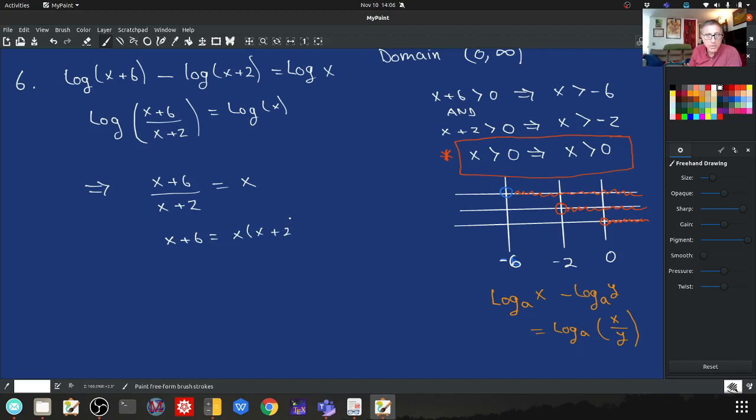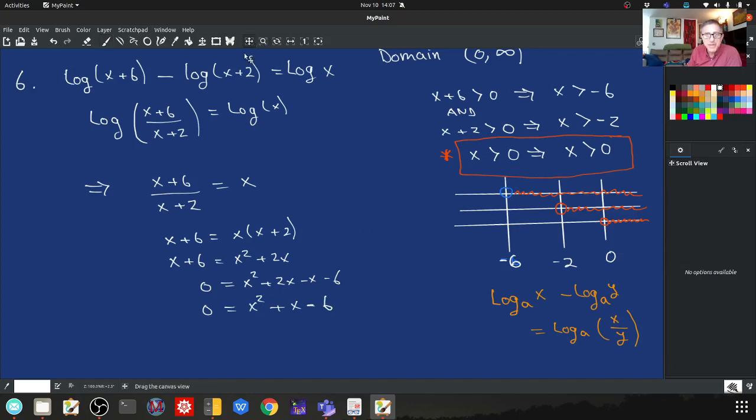Now I'm going to get a quadratic equation. So this is going to be x plus 6 is equal to x squared plus 2x. So moving everything to the left-hand side, I get 0 is equal to x squared plus x minus 6.